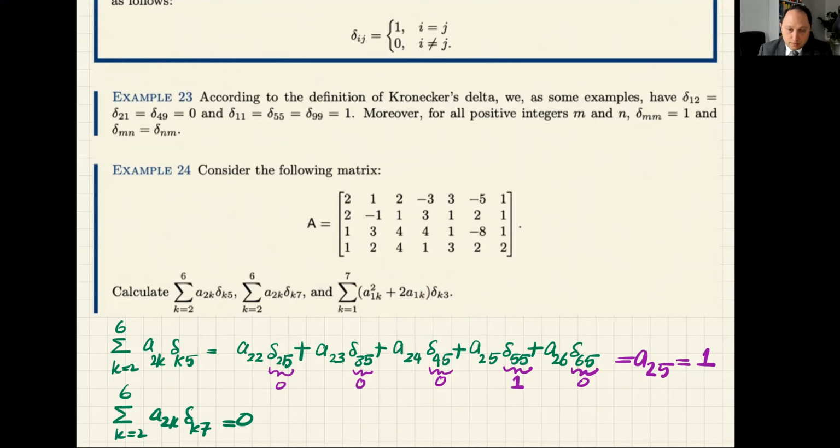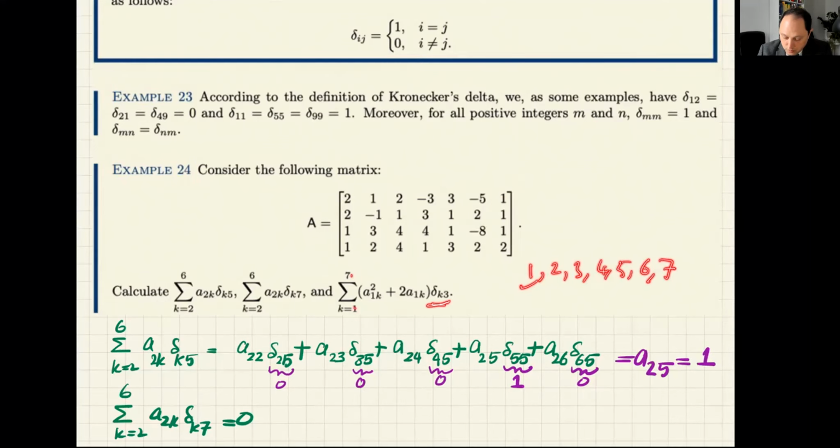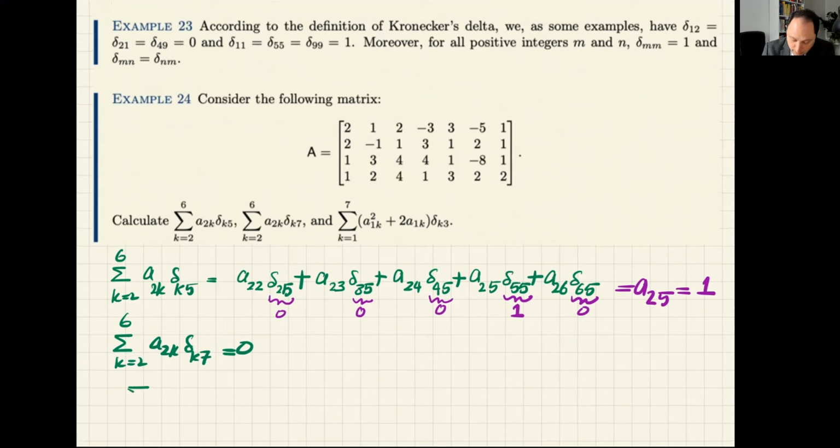For the value where k is 3, I guess. Yes, and do you agree that if k is not equal to 3, from 1 to 7, I have 1, 2, 3, 4, 5, 6, 7. If k is 1, this becomes 1, 3. They are different. For 2, 4, 5, 6, 7, all of them are different. So there is only one term that will survive here. So sigma k goes from 1 to 7.